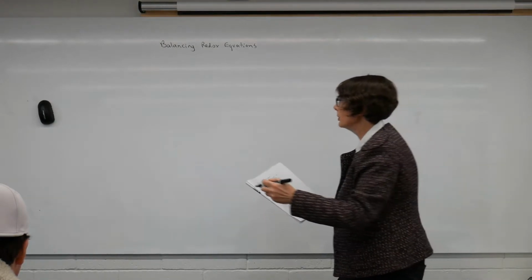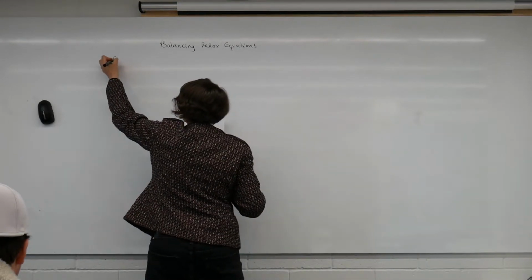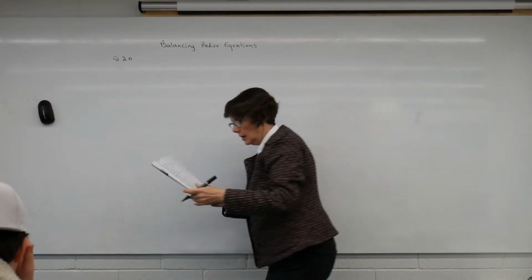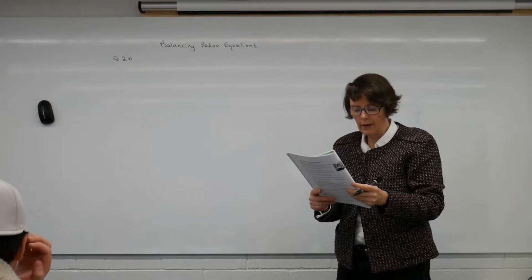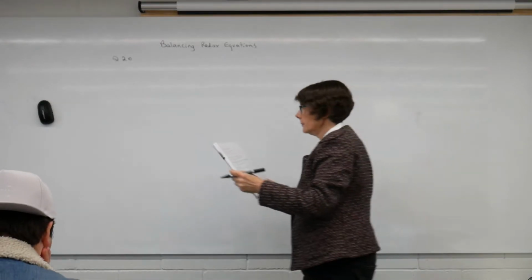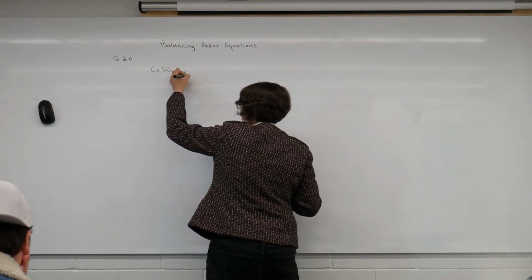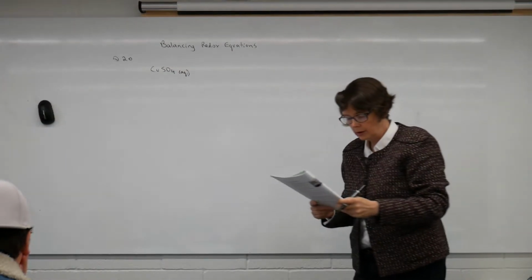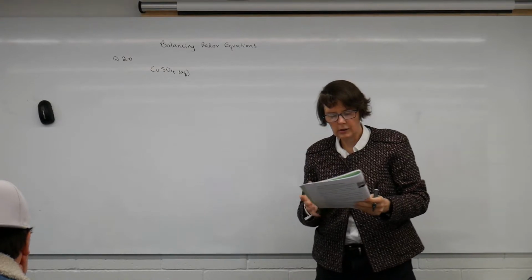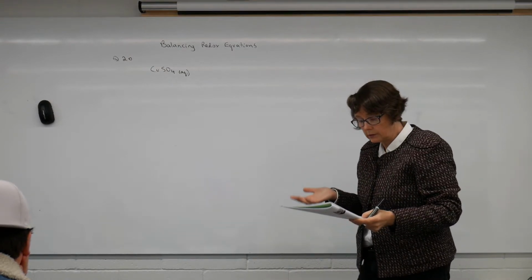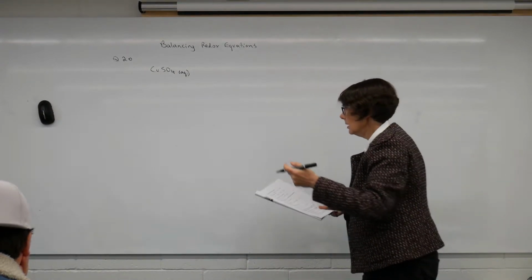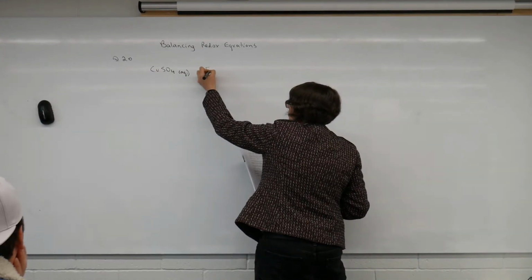Now, we've got an example which I'll go through in a minute, but I want to perhaps do question 20 on page 21. It tells me here I have a copper sulfate solution. And it's asking me about what's going to happen if I store it in a steel container, and most of steel is iron. So iron is the element that's relevant here.